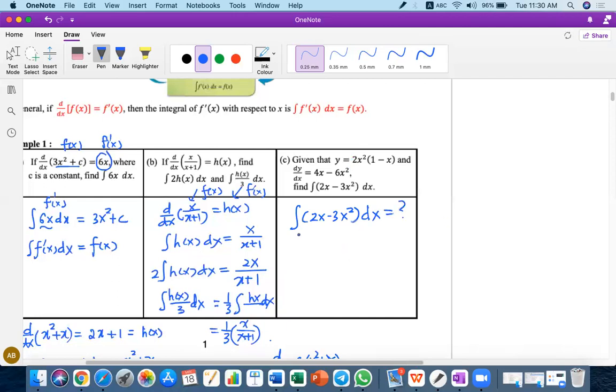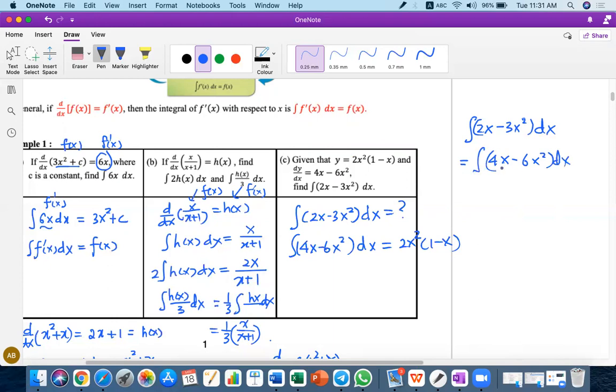We know that the integral of 4x minus 6x squared dx gives 2x squared times 1 minus x. But here, because this is 2x minus 3x squared, the integral of 2x minus 3x squared dx is equivalent to the integral of 4x minus 6x squared dx over 2.